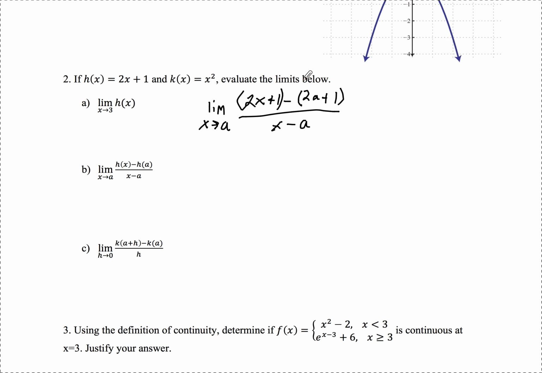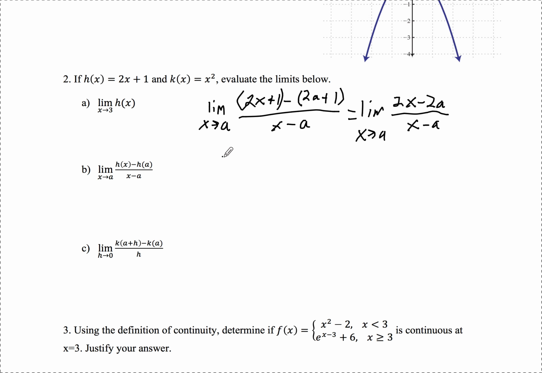All right. Let's clean some of this stuff up and see what happens. So this is going to be the limit as x approaches a of 2x minus 2a when I distribute. So that I can't do a whole lot with. But then I have 1 minus 1 when I distribute, so that'll go away. So I end up with 2x minus 2a in the numerator over x minus a.